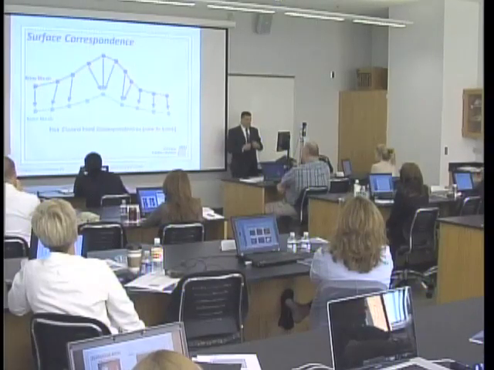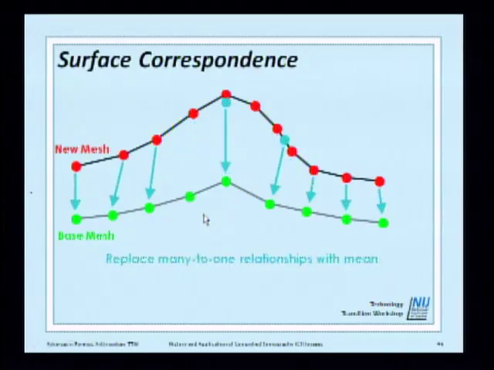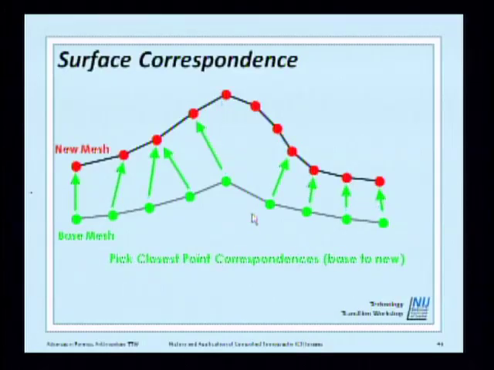So what we do is something called mutual correspondence, which basically redistributes these points, but the redistribution comes from the base mesh. So these bones will be averaged, and then the closest one is taken, replacing a many-to-one relationship with the mean, and that's an iteration. Then we take the base mesh and try to do the same thing, but in this case, try to come to the closest point on the new mesh.